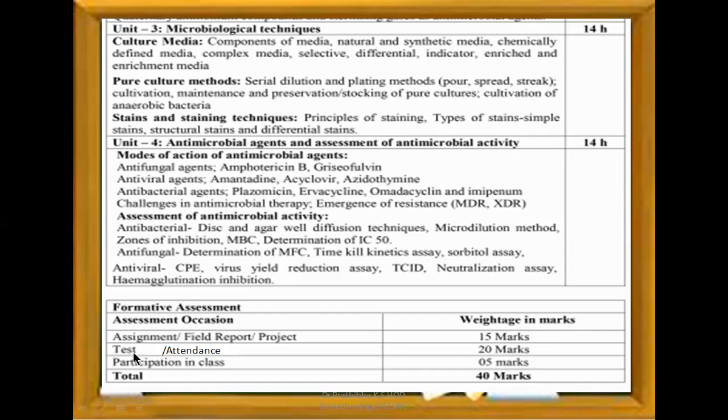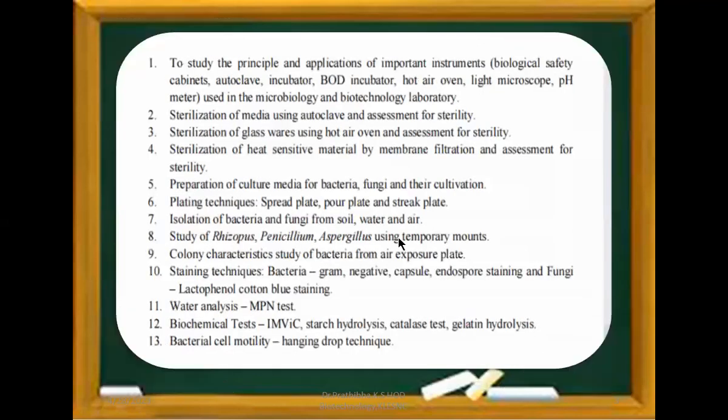Then test and attendance 20 marks, 10 marks for test and 10 marks for attendance. Further, participation in class, your performance and behavior in the theory class carries 5 marks. So total in theory you have 40 marks for your IA. You need to focus on these 40 marks to secure centum. I hope you understood this theory concept.